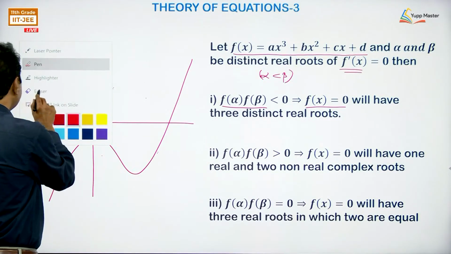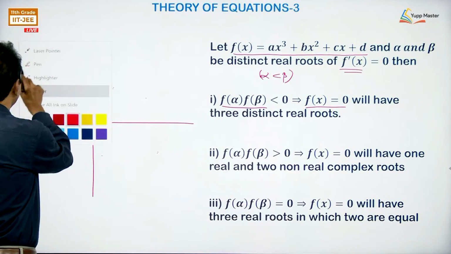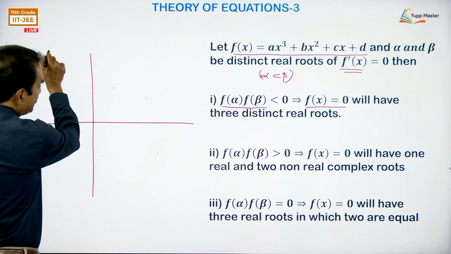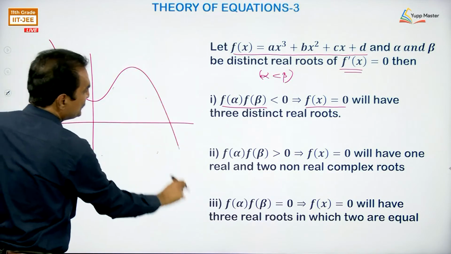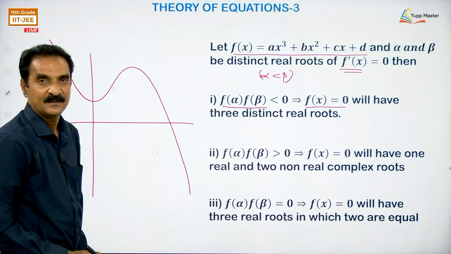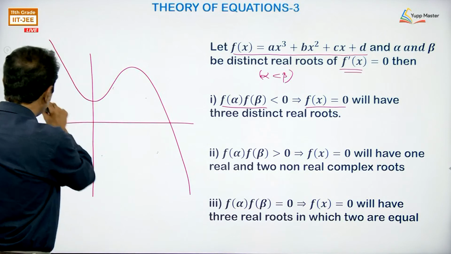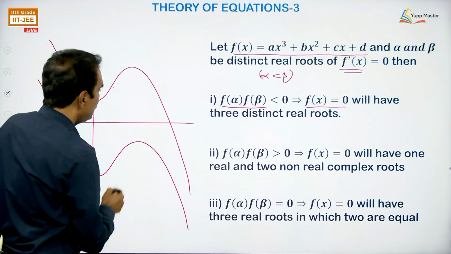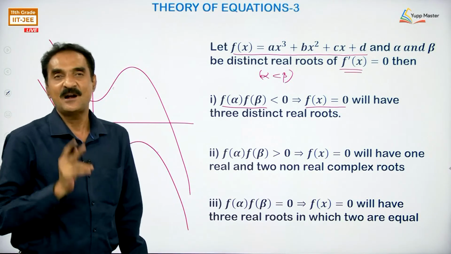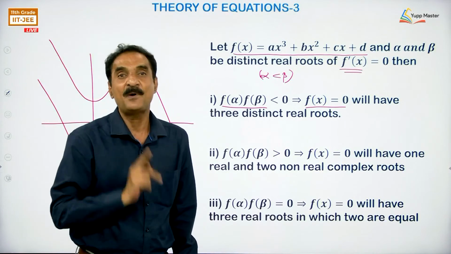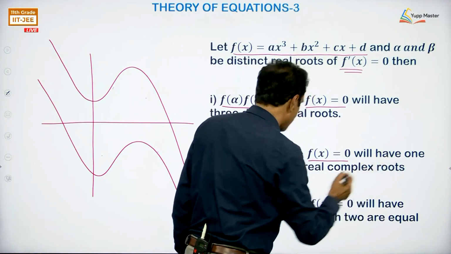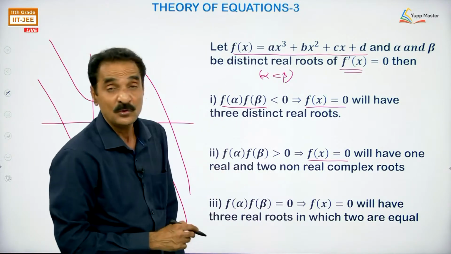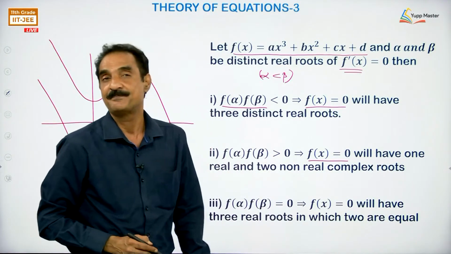Similarly, when a is negative, the graph starts here. If both f of alpha and f of beta are positive, the graph will be like this. If both are negative, the graph will be like this. Then in all these cases, the graph intersects the x-axis at one point only. So the equation f of x is equal to 0 will have one real and two non-real complex roots.